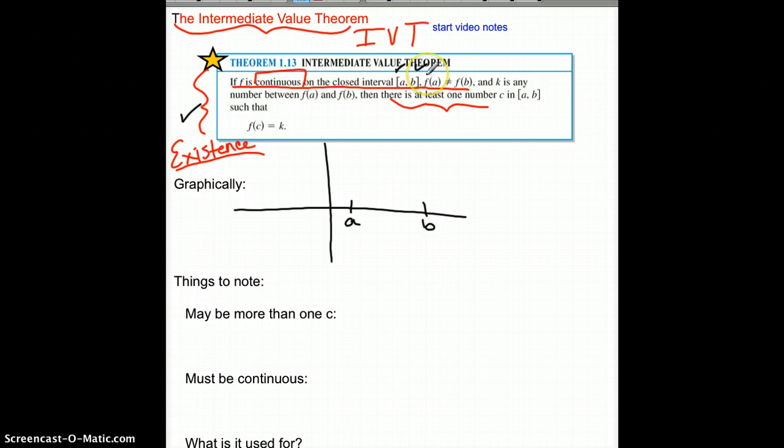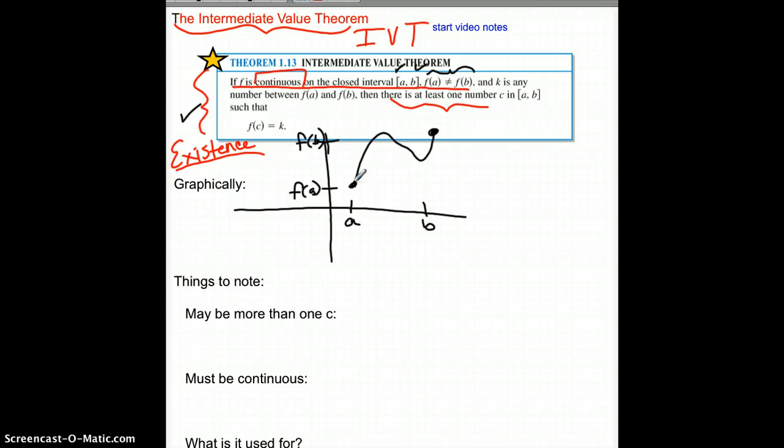I also have their y values, their f of A and f of B, not equal to each other. Basically what that means is I don't have a horizontal line. So A comma f of A, B comma f of B, and I will head on over from A to B and not lift my pencil. So perhaps I'll just go like this.